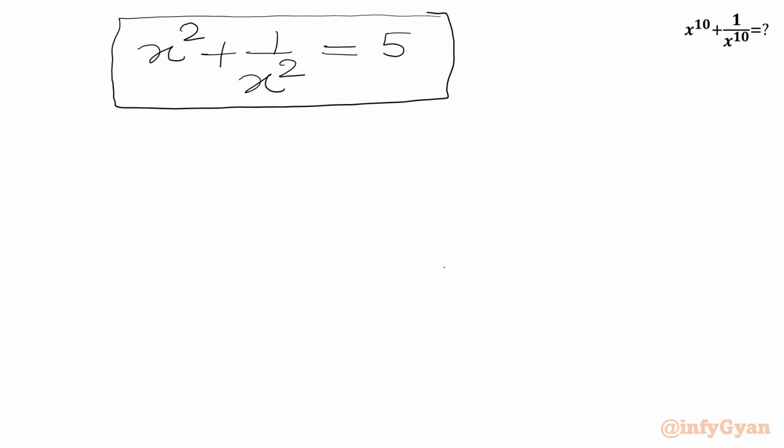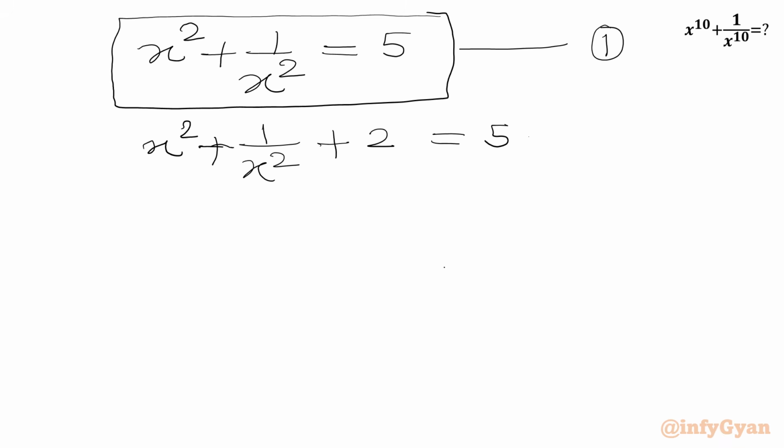Let's write this as our equation number 1. Now I will add 2 to both sides. So x square plus 1 over x square plus 2, and in the RHS we will write 5 plus 2. So RHS will be 7.